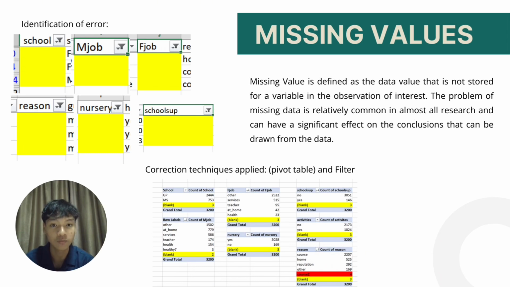The problem of missing data is relatively common in almost all research and can have a significant effect on the conclusions that can be drawn from the data. For identification of errors, as we can see, there are missing values in the columns school, Mjob, Fjob, reason, nursery, and schoolsup. For the correction technique that we apply, we analyze the missing values by using a pivot table and filter and correct them manually.